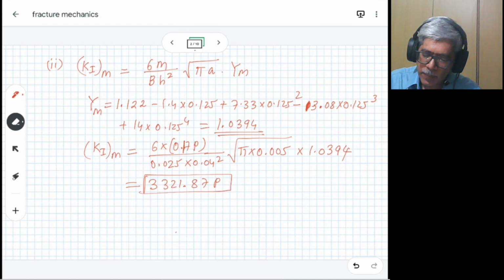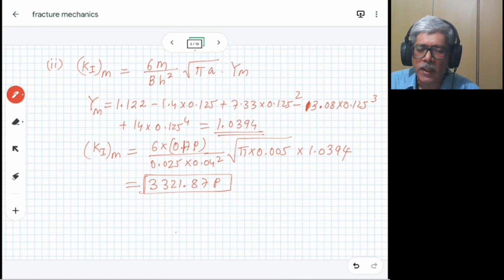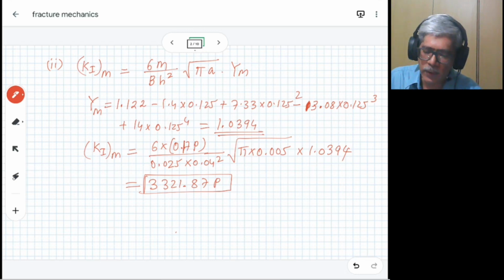Now, as I mentioned previously, in general you cannot add stress intensity factors by superimposing them in many cases. This is a particular case where both axial force and moment are leading to mode 1 type of fracture, and in this particular situation it is allowed that you combine the stress intensity factors together.